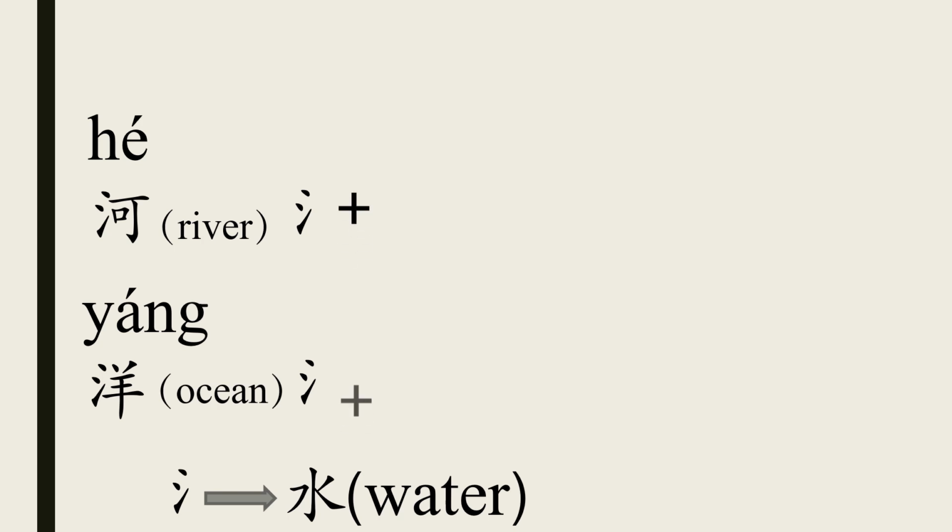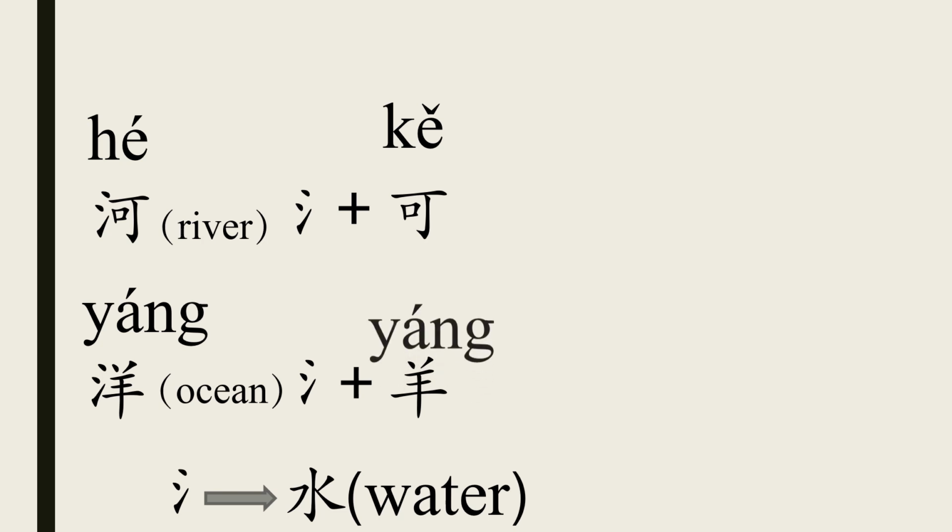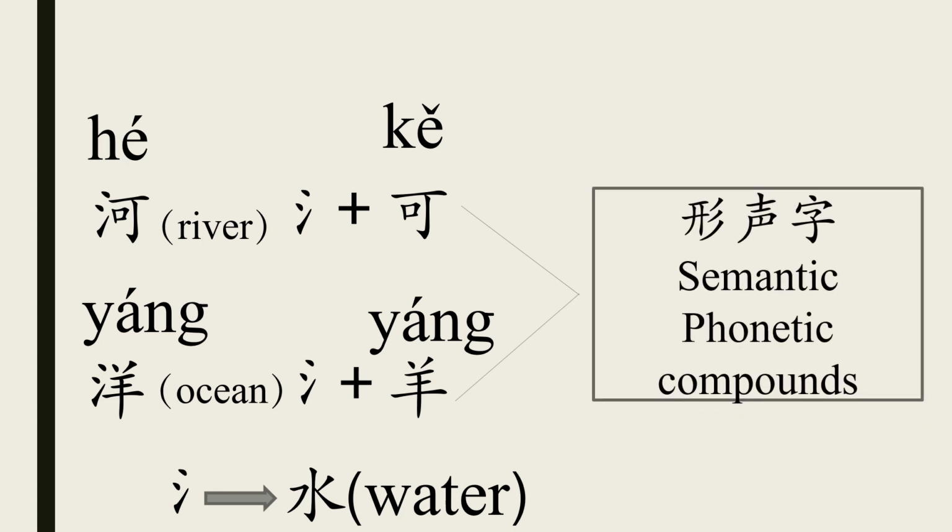And the right parts of the characters have the same or similar pronunciation. So these kinds of characters are the combination of meaning and pronunciation, and they are called semantic phonetic compounds. Around 80% of Chinese characters belong to this category.